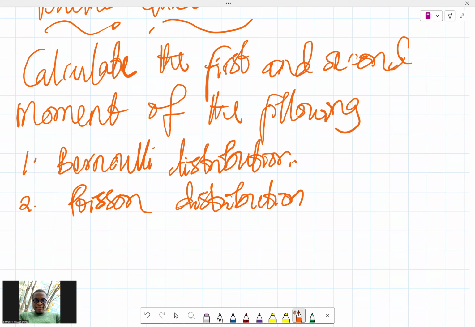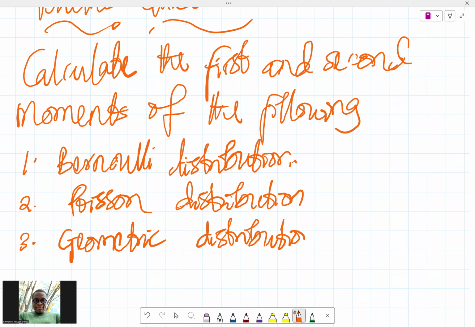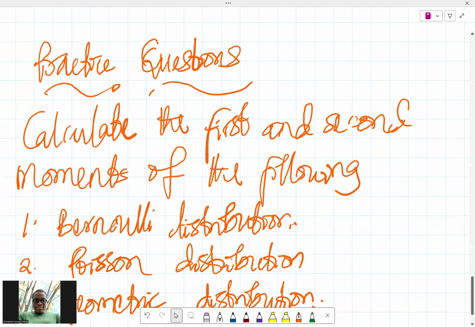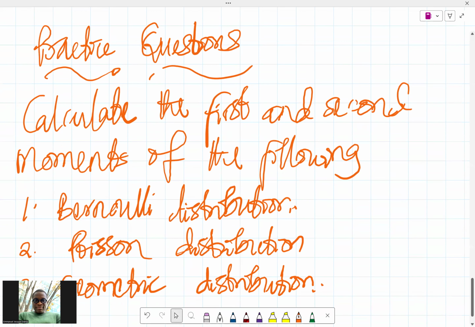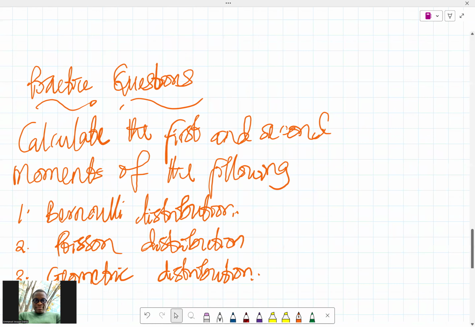Calculate the first and second moments of this. Number three, geometric distribution. That's what we did in this video now. So you may have to refer to the previous videos, find out how to get the probability generating functions, and then you differentiate twice, and then put everything together to get the required results.